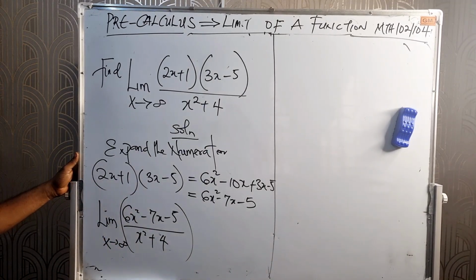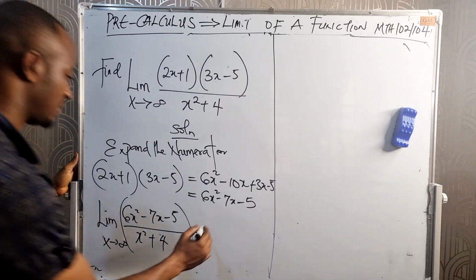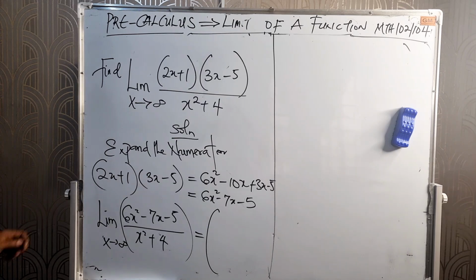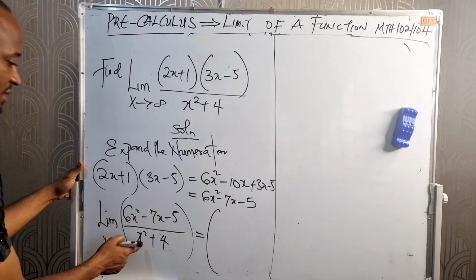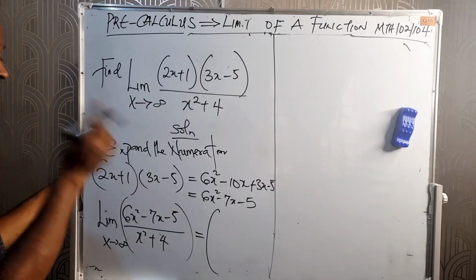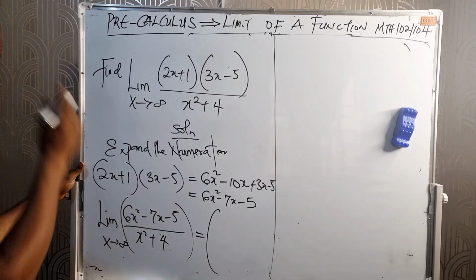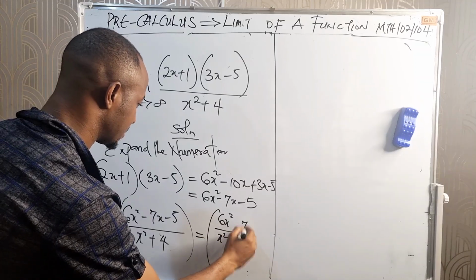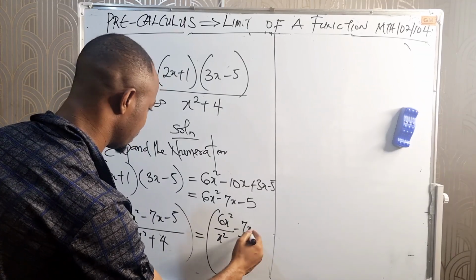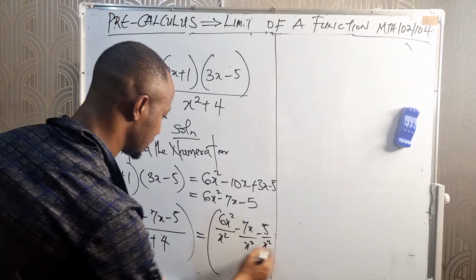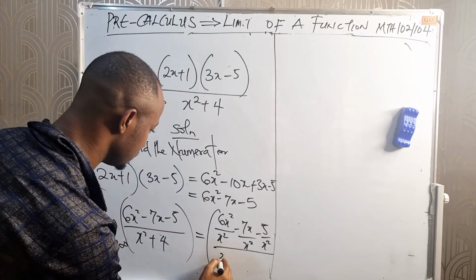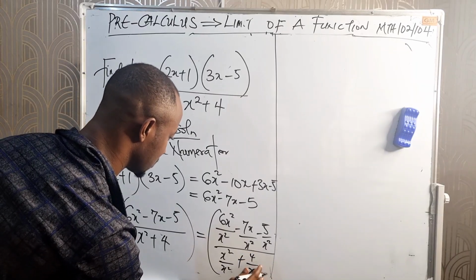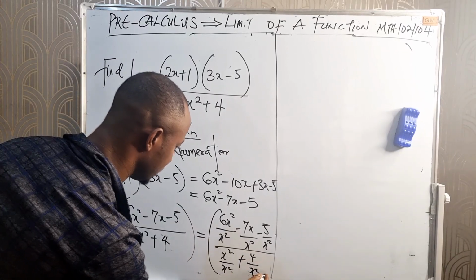So what we do here is to divide by the highest power of x. The highest power of x here is x squared, right, in the denominator. Divide by the highest power of x in the denominator, and that will give us 6x squared over x squared minus 7x over x squared minus 5 over x squared, divided by x squared over x squared plus 4 over x squared.